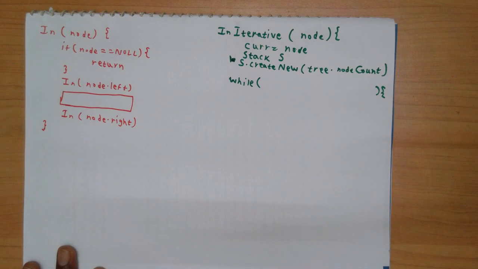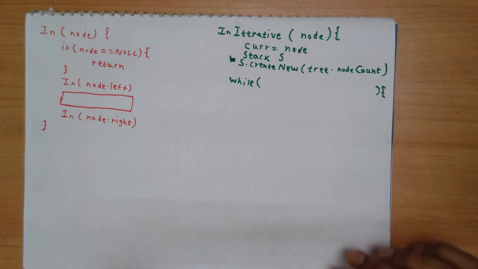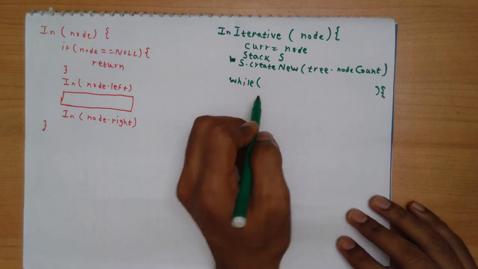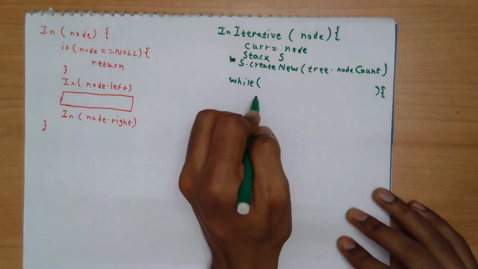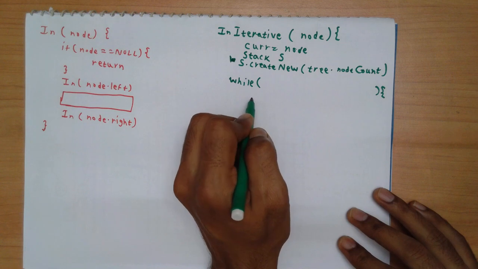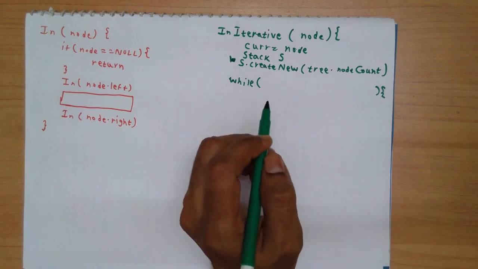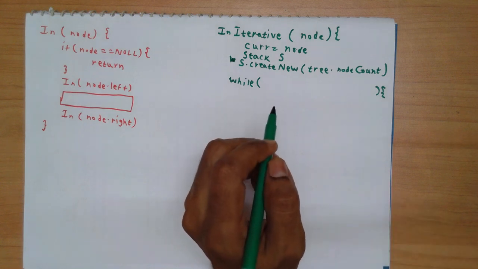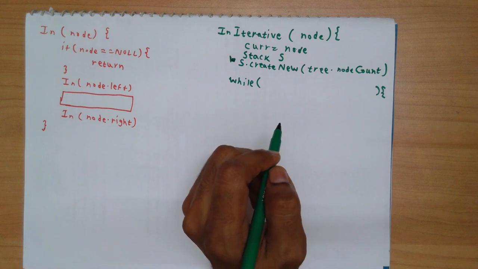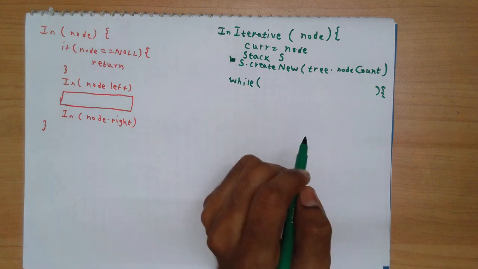Okay, so now I have created this stack. Whenever I encounter a node, the first thing I will do is push it onto the stack because I have to remember it, right?